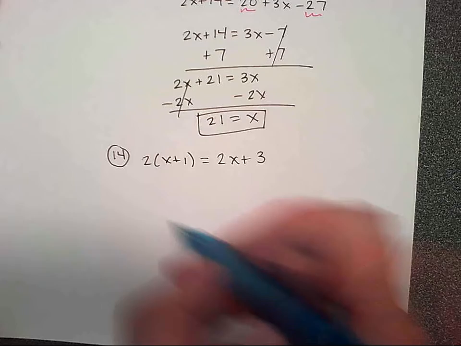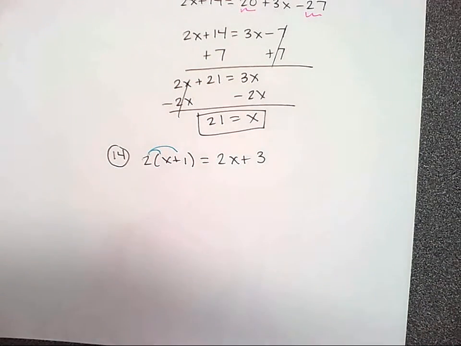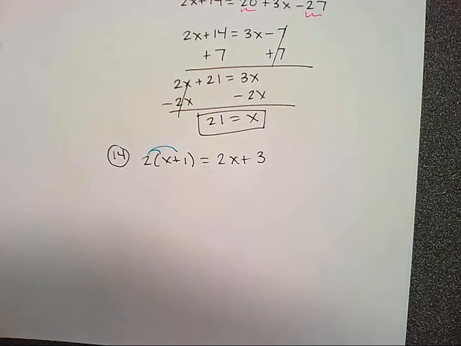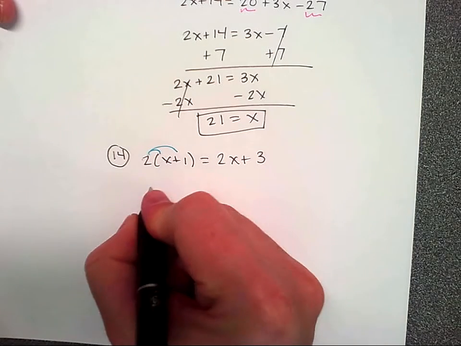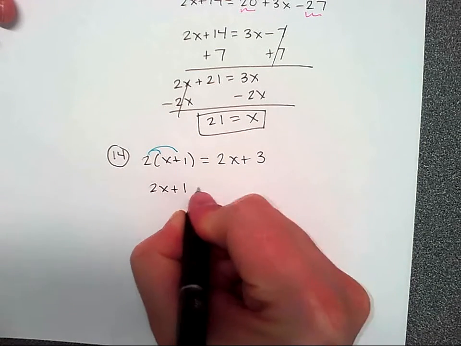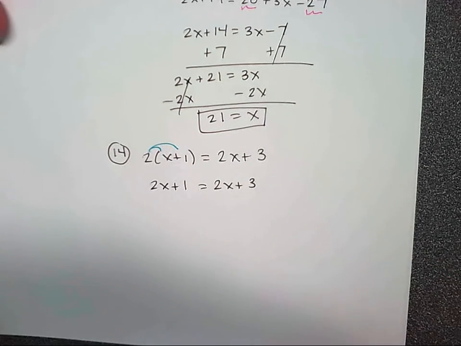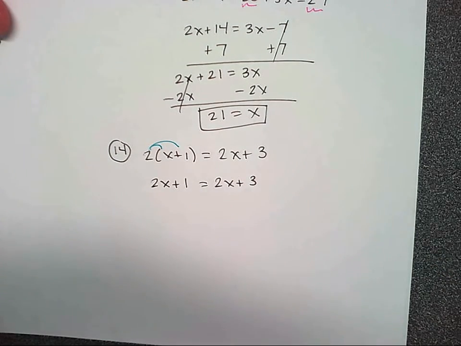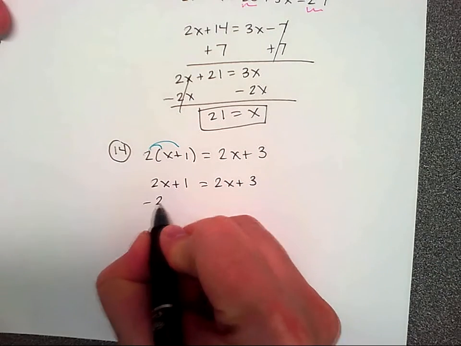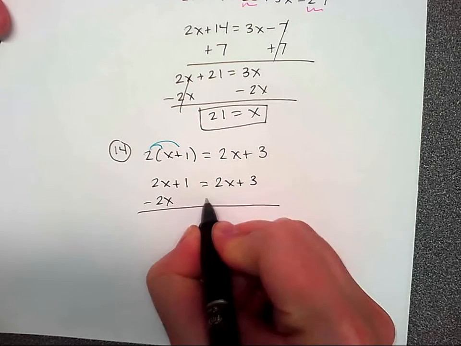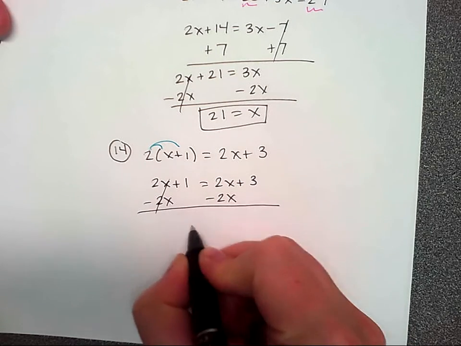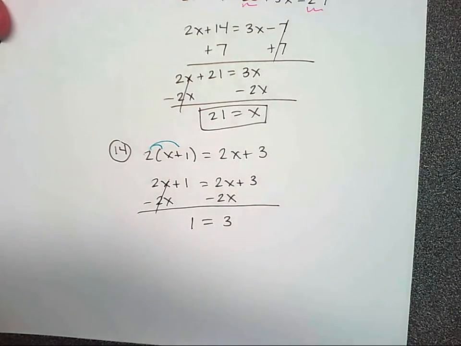On the left side, that means distributing my 2. So I have 2x plus 1 equals 2x plus 3. All right, let me subtract 2x from this side. And I get 1 equals 3.